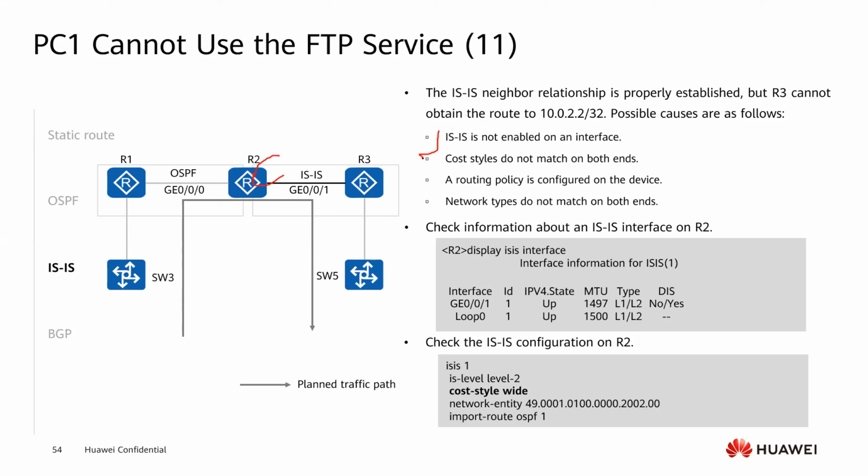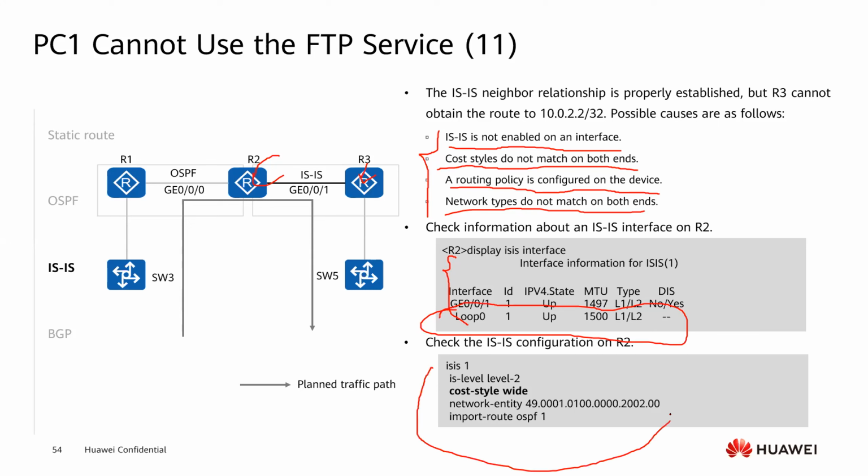Here we list the reasons. IS-IS is not enabled on loopback 0, maybe. Cost style doesn't match. A routing policy is configured on the device. Network type doesn't match on both ends, and so on. So we display the IS-IS interface. We found the interface has already enabled IS-IS, and then we check the configuration.